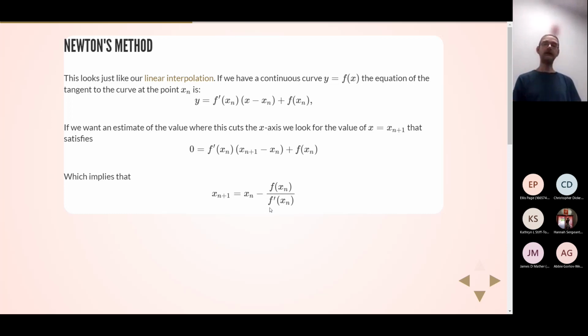Obviously, this means that you need your derivative to be well defined. If you've got a function that's got derivatives that go to 0 at some values, or you've got discontinuities and stuff, things will be tricky.